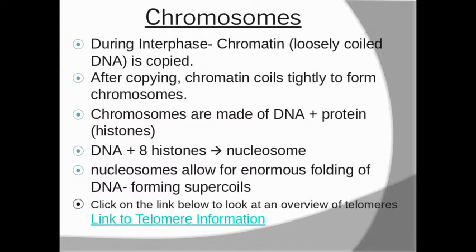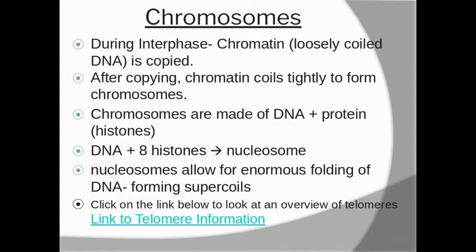And in order to copy it, there's an enzyme that fills in. So this chromosome that you see forming during prophase has already been copied. So it was pulled apart and new strands were filled in. And we'll talk about that process in a little bit.